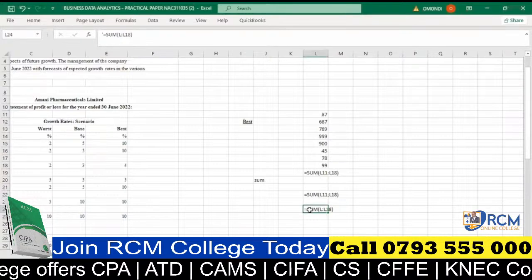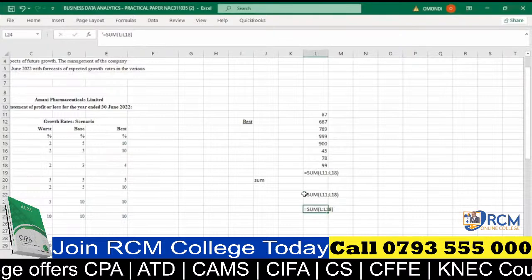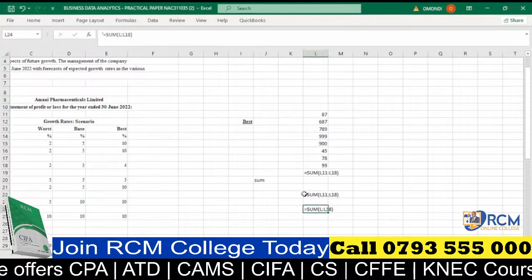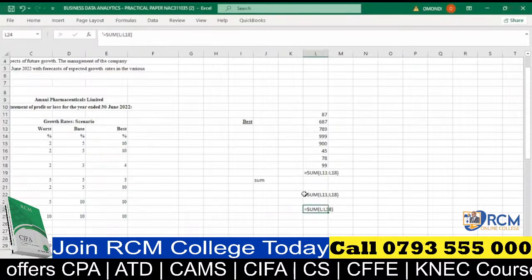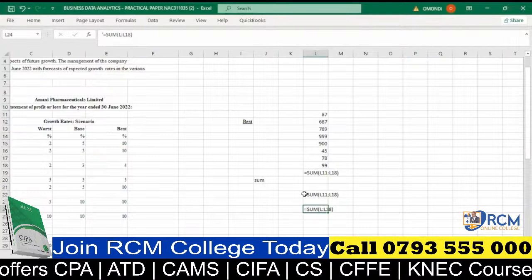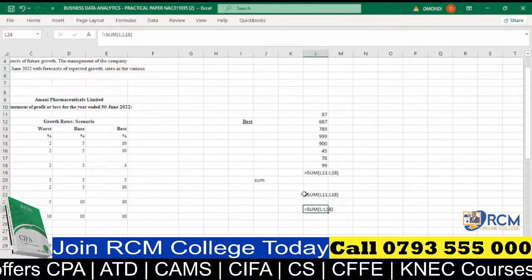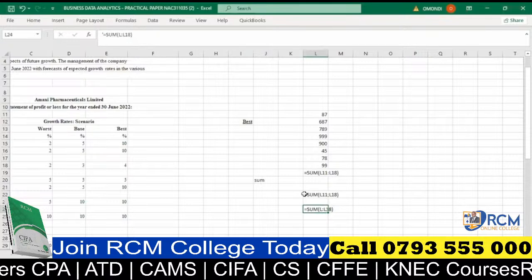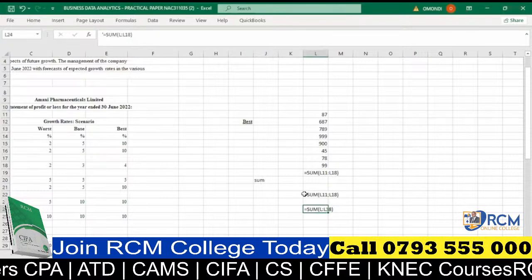Not pilot, but December. So there are a lot of shortcuts that you'll be able to see in topic number 2. For those who have purchased the BDA study text from RCM, you will be able to see all the shortcuts in topic number 2.